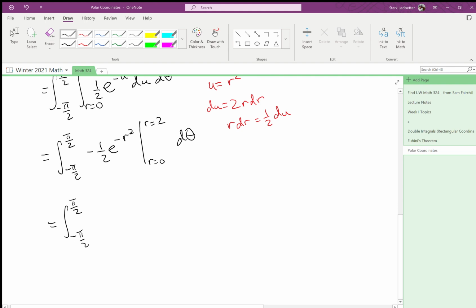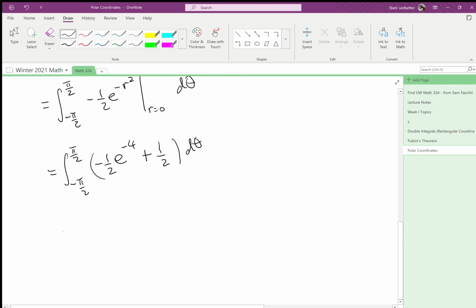I put in r equals 2, so it's negative 1/2 e to the negative 4. Minus a negative, so that's plus 1/2 e to the 0, which is 1. Okay, and that's all integrated with respect to theta.